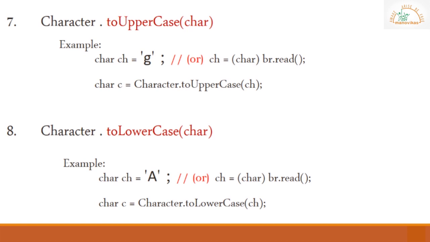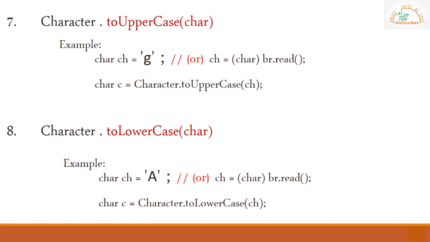For example, I have assigned a letter A, which is in uppercase, to the character variable. So my statement, char c is equal to Character.toLowerCase of ch, will give the result as small letter a, because the toLowerCase function will convert capital letter A to lowercase, and it will be assigned to the character variable.